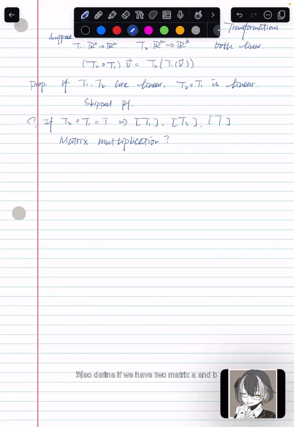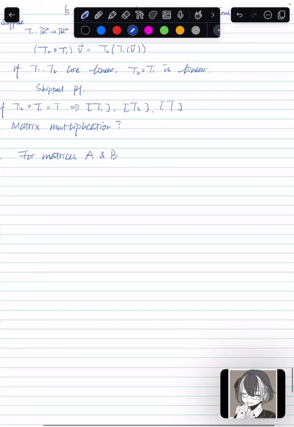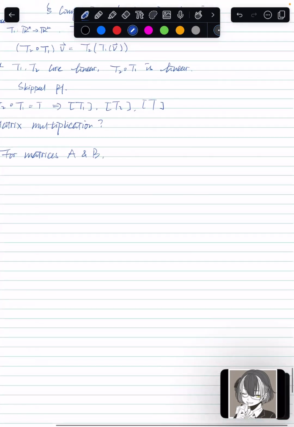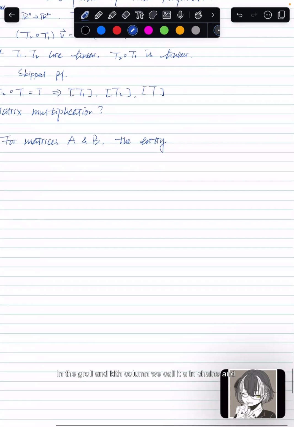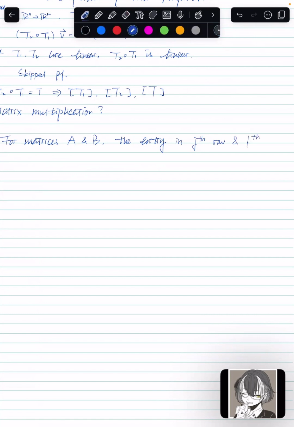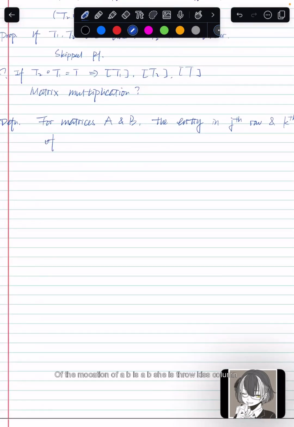Okay, so define. If we have two matrices A and B, the entry in the jth row and kth column, we call it in jth and kth, of the multiplication AB is AB jth row, kth column.